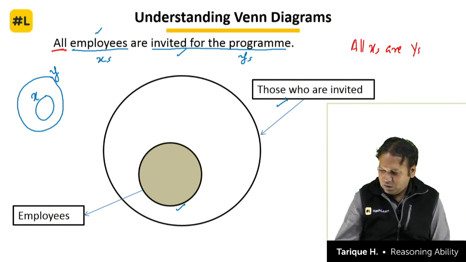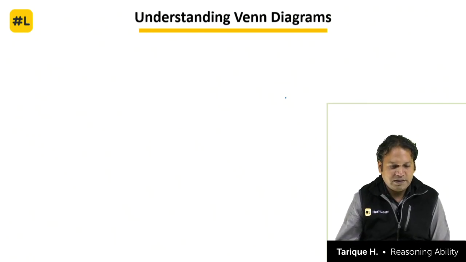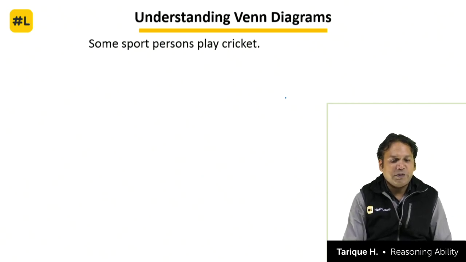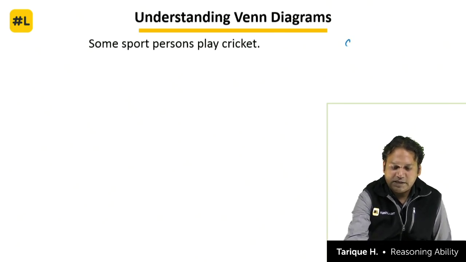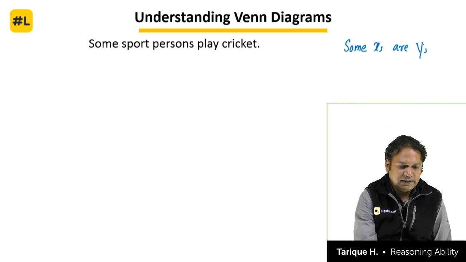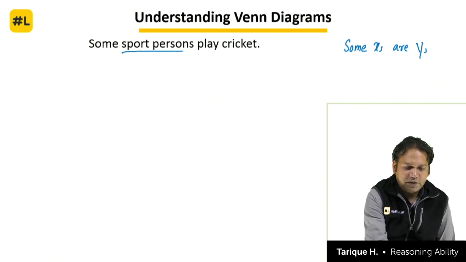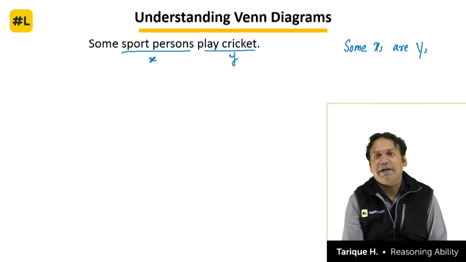Alright, now let's take the next statement. Some sports persons play cricket. So which type of statement is it? If you recall, this is of the type some x's are y's. Now what is x here? The sports person is your x, and y is those who play cricket.